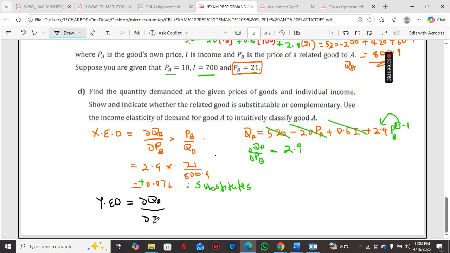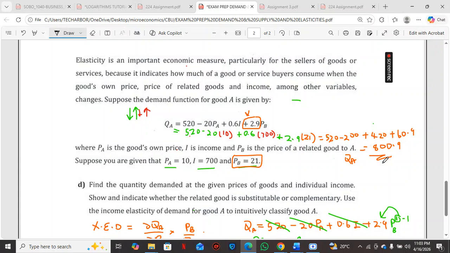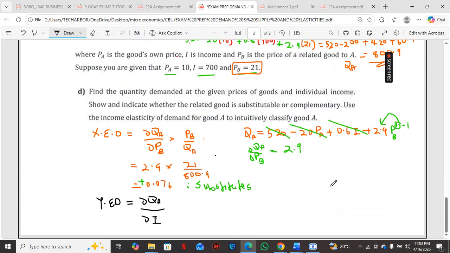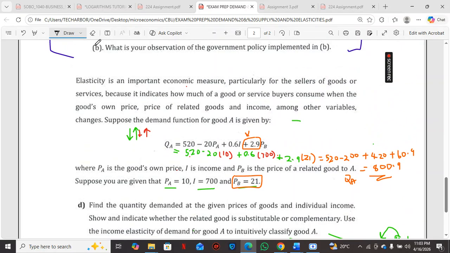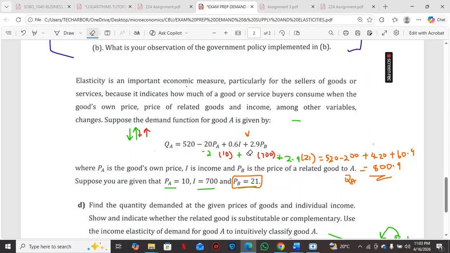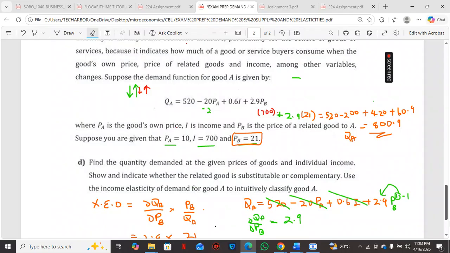So for income elasticity of demand, we're deriving the demand function with respect to I, income. Meaning if a number doesn't have an I, it will disappear. Okay, colleagues, that's what we mean here. If a number doesn't have an I, it disappears. Okay, let me just finish putting out the formula before I derive.